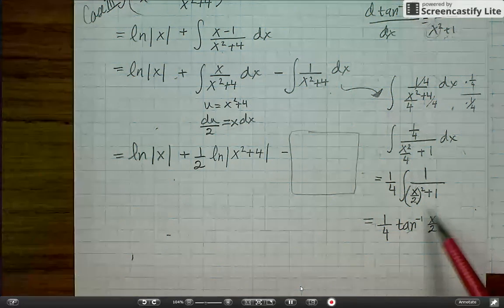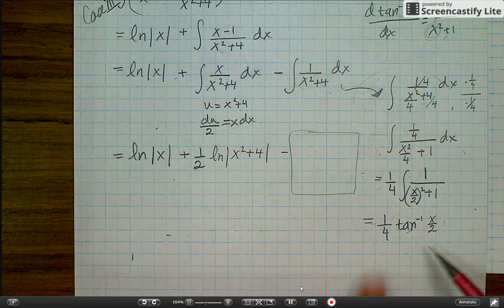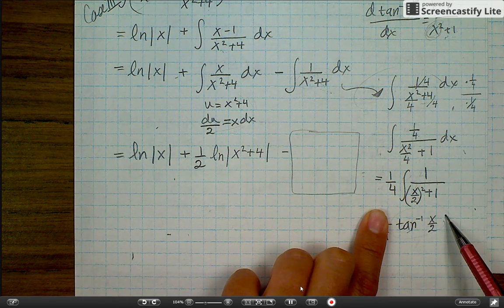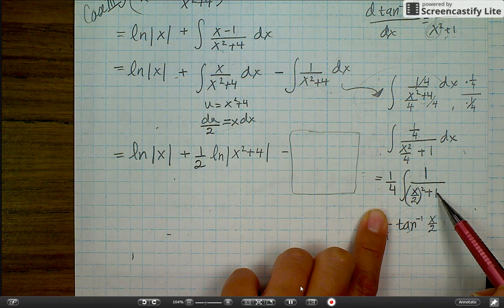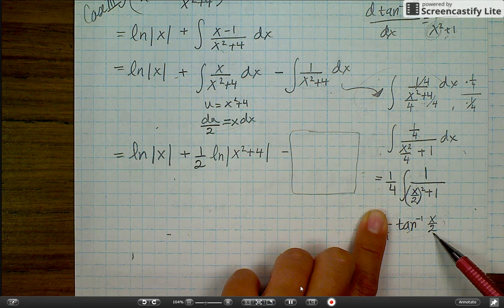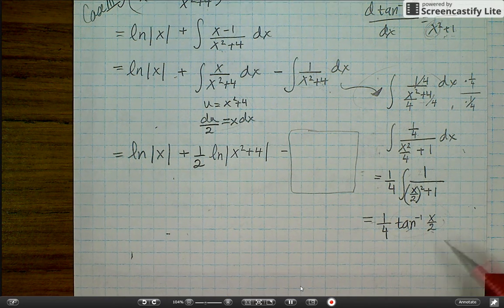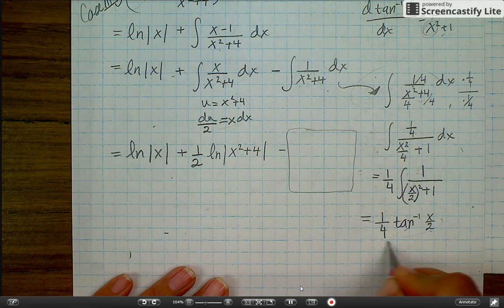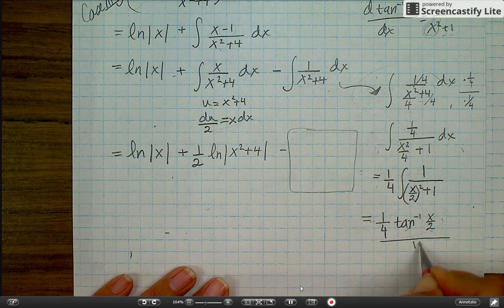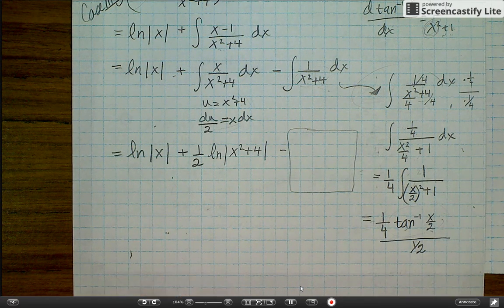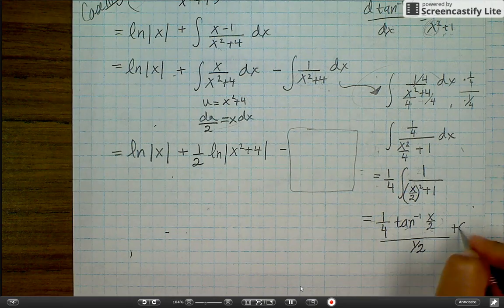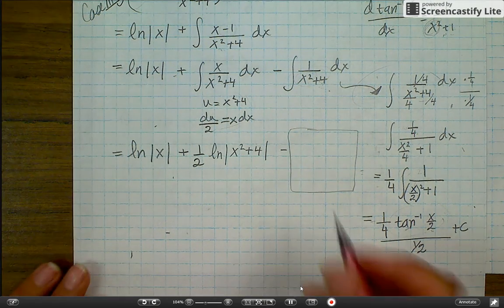So let's say if I did take the derivative of this, ignore the 1/4, if I did take the derivative of this expression, I would end up with this expression, but I would have multiplied by 1/2 because of the chain rule. So what do I need to do? I need to divide by 1/2, right? So I need to divide by 1/2 because that didn't take place. And then plus c.